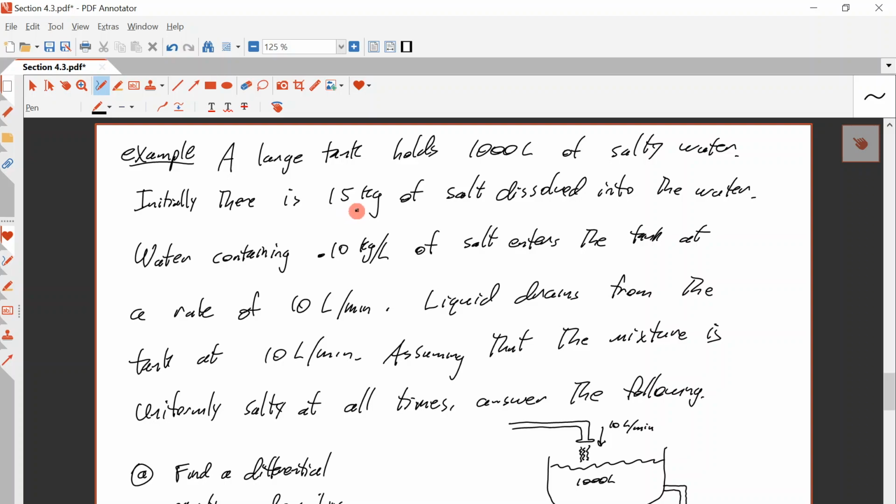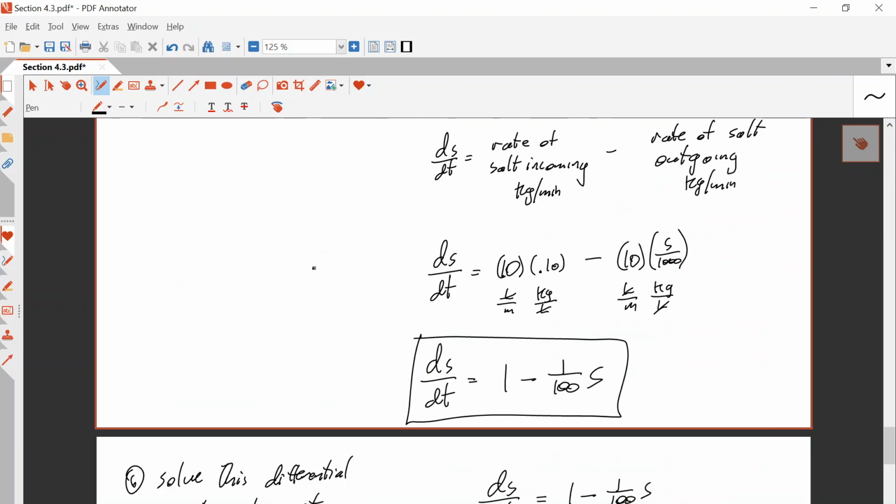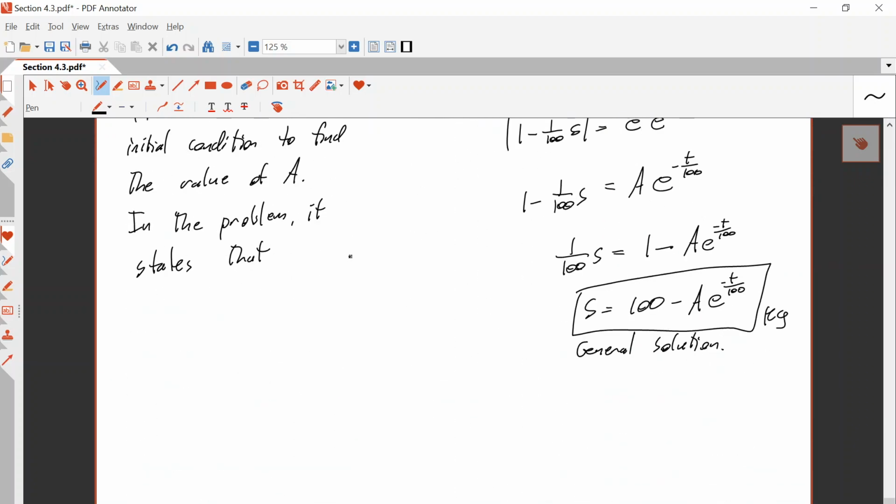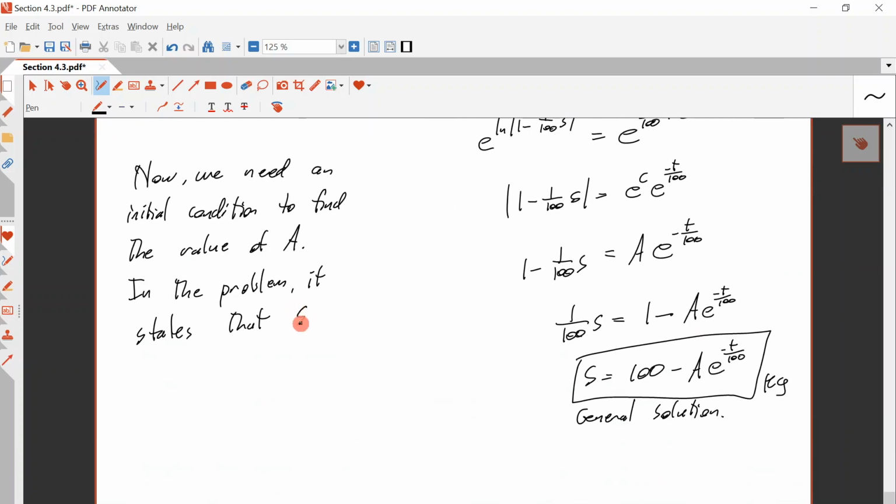So S of 0 is 15. So there's your initial condition. S of 0 is equal to 15.